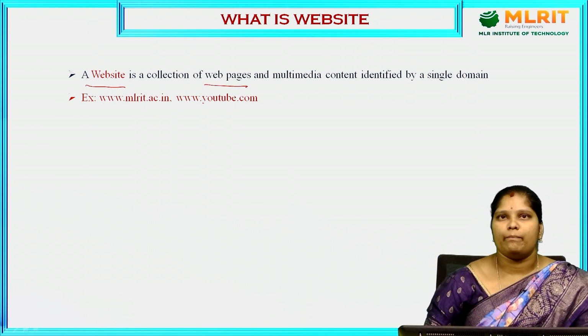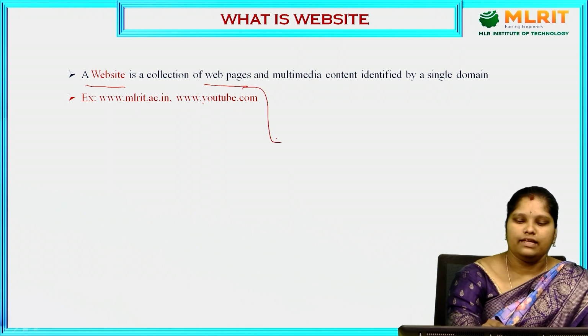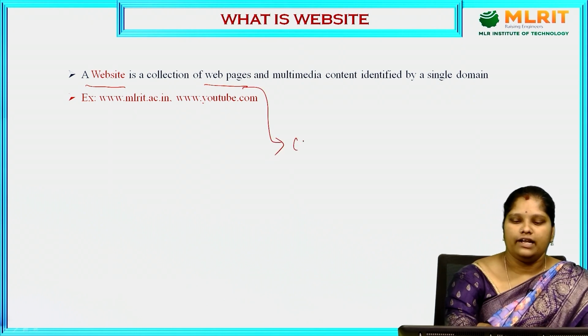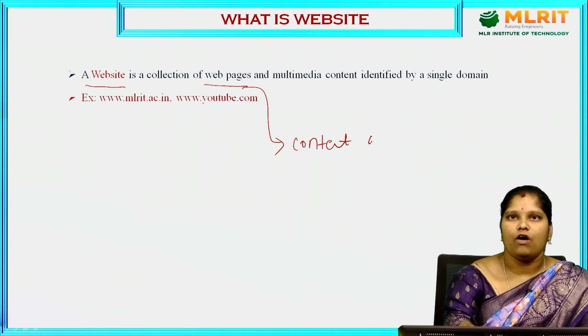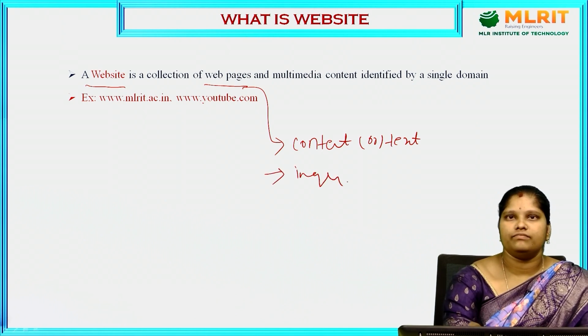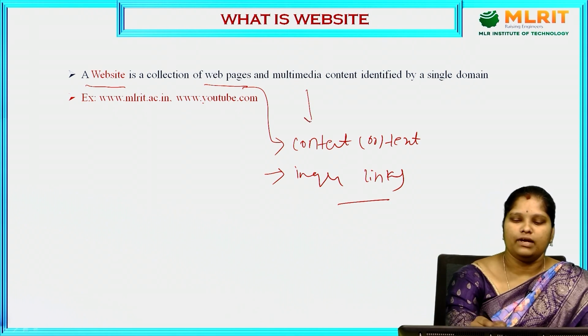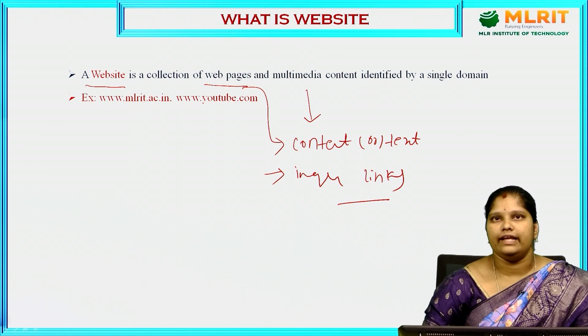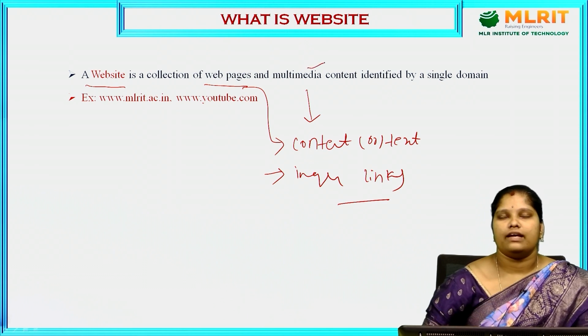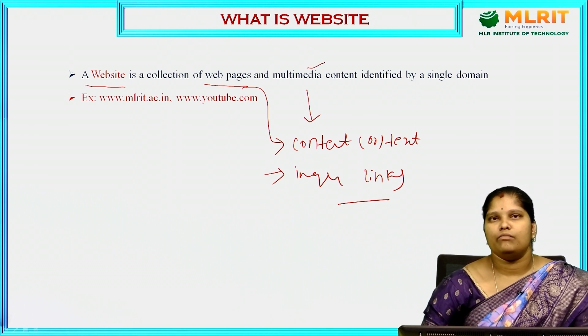A web page is nothing but a collection of content, the text, and some images and links, right? Multimedia content is nothing but text, images and links, and movies, sounds, audios and videos are there, right?